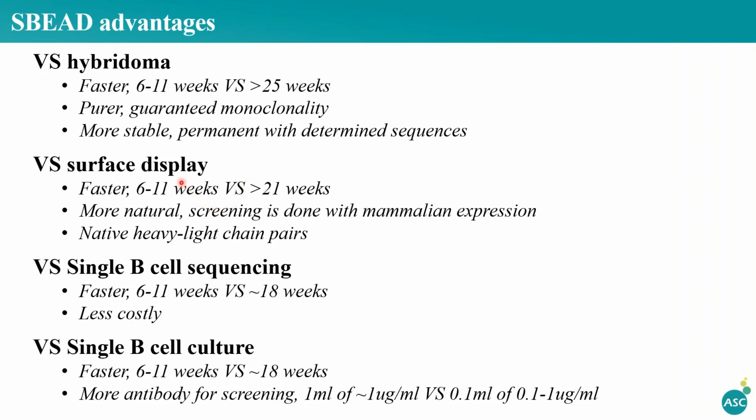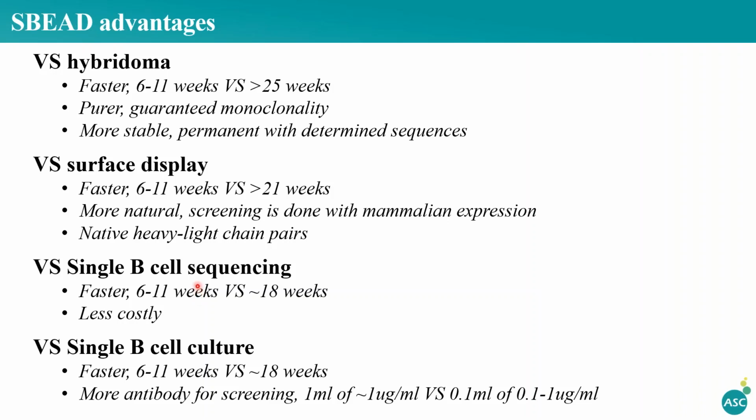Compared to the surface display method, speed is also faster. Surface display method usually takes more than 21 weeks, and it's more natural because everything is done in the mammalian expression system, and the native heavy and light chain pairs are kept in the method. Compared to the single B cell sequencing, speed is also faster.